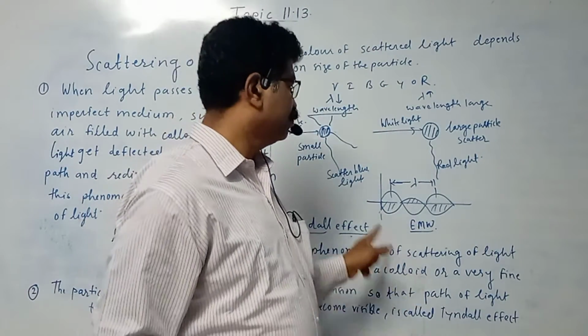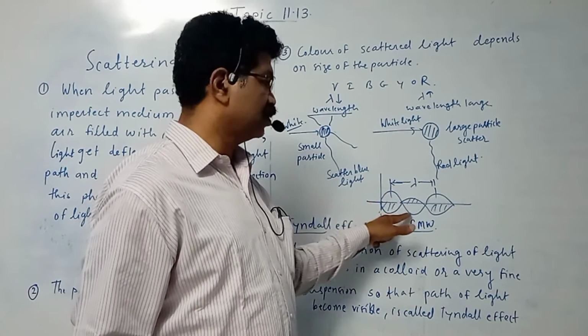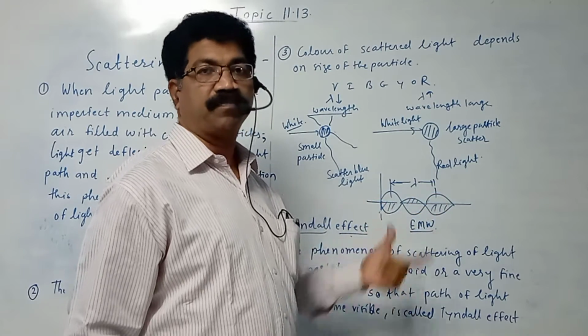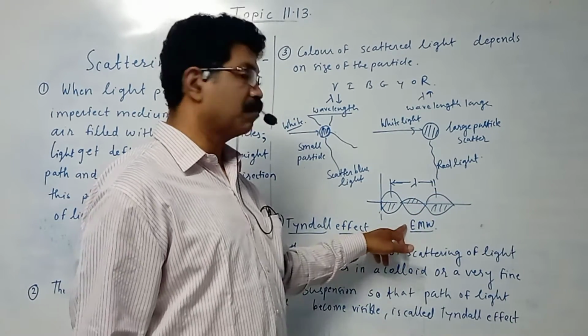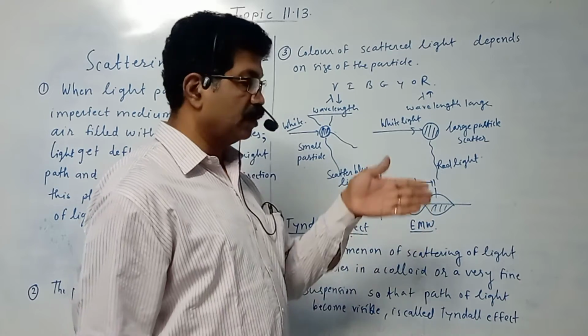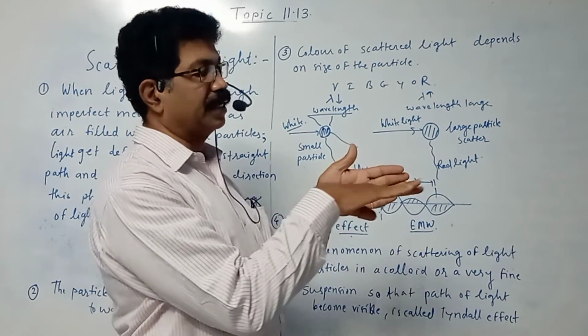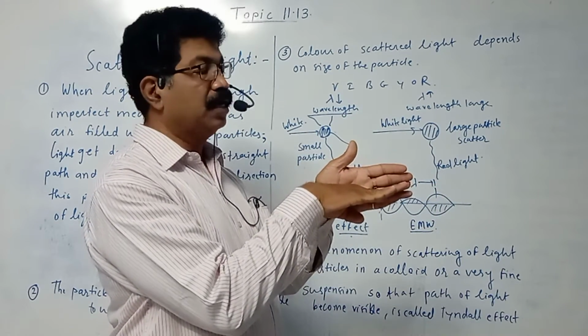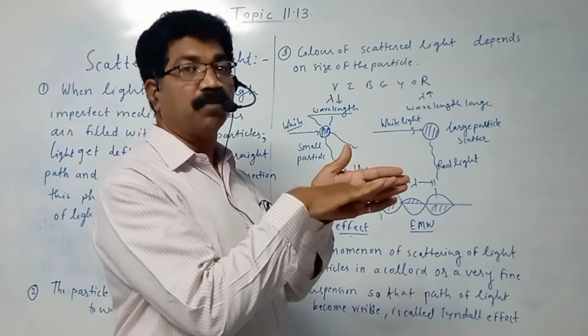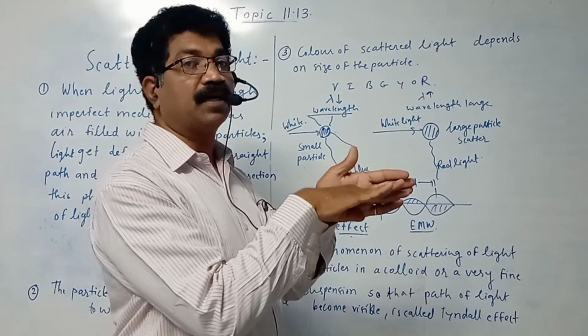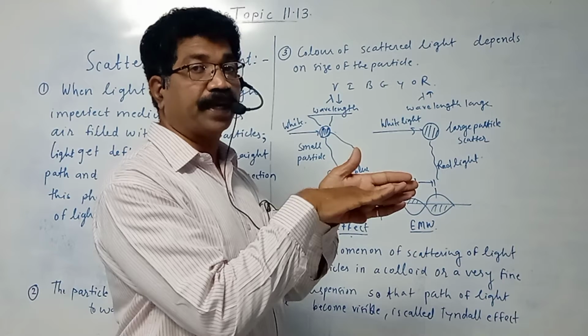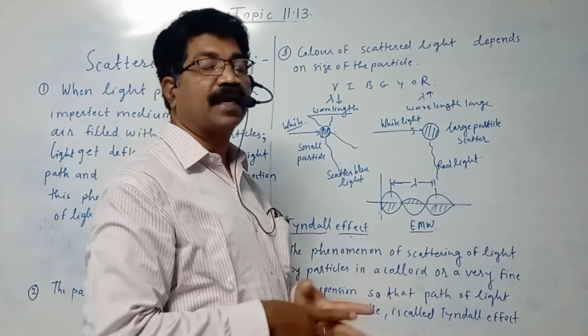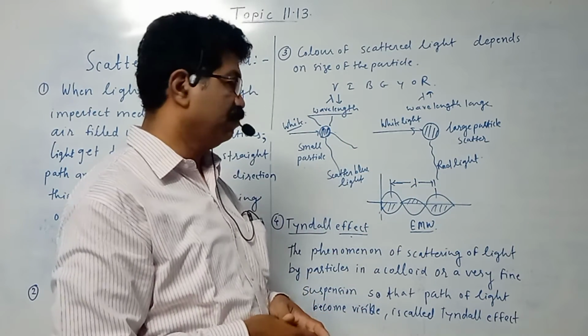Now what is wavelength? This is a crest, this is a trough, this is a crest, this is a trough. Light is in the form of electromagnetic waves. The electrical wave travels in this direction, the magnetic wave travels in this direction, both perpendicular to each other. That's why light is called electromagnetic waves.